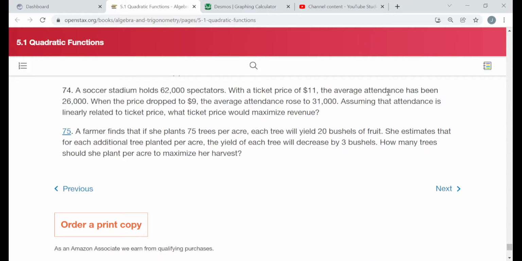The average attendance has been 26,000. When the price dropped to $9, the average attendance rose to 31,000. Assuming that attendance is linearly related to ticket price, what ticket price would maximize revenue?